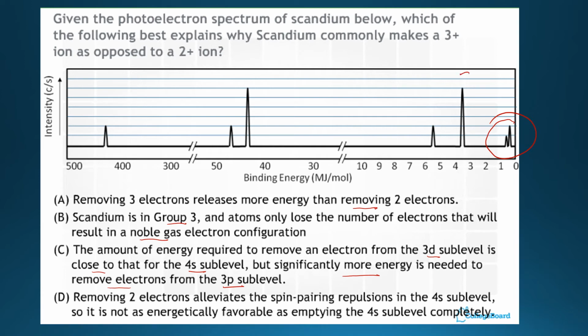There's the 3p right there. Part D, removing 2 electrons alleviates the spin pairing repulsion in the 4s, so it's not as energetically favorable as emptying the 4s. Your best answer for this guy is C. Notice how close those energies are, so easy to lose 3 electrons.